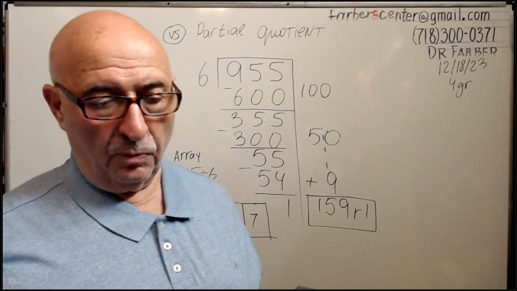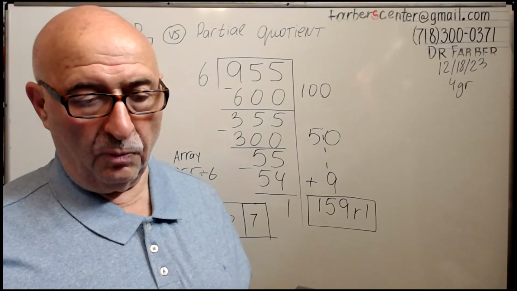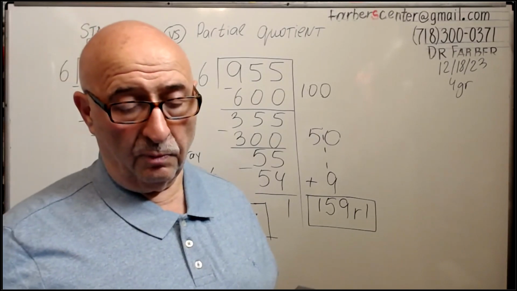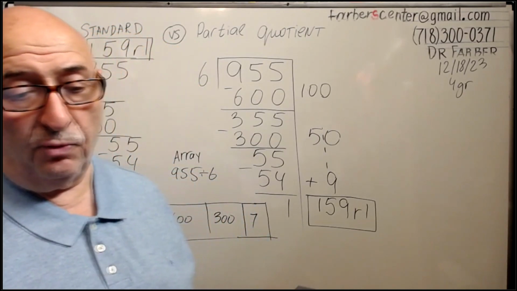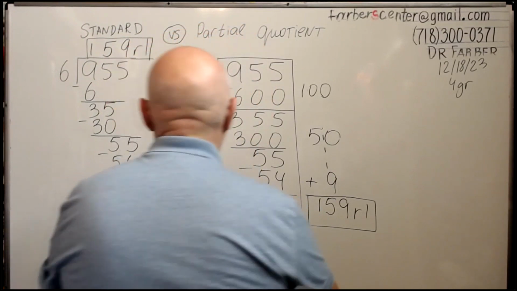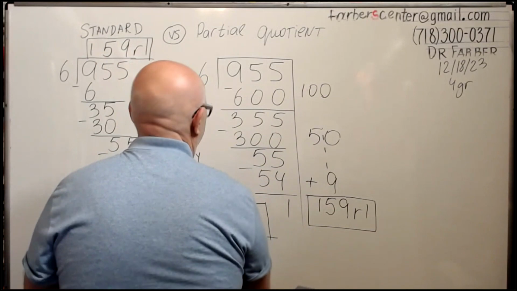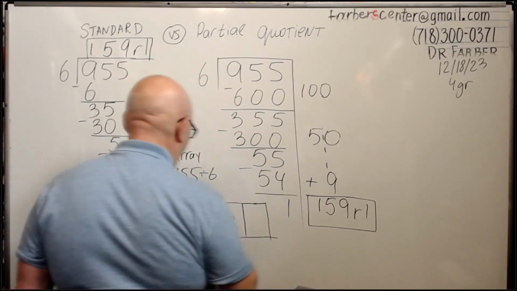And the question is, can you do partial quotient by dividing trillions and billions? Sure. Any number. But in this case, you have to have huge operations. Yes, a huge notebook, huge paper. Oh. Okay.